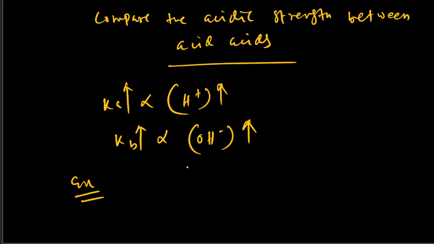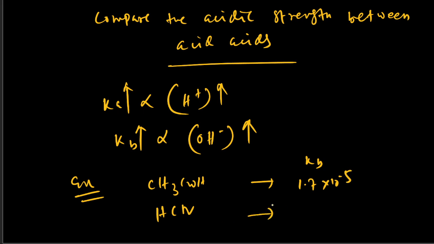Let's give an example, say CH3COOH and HCl, with values given. For CH3COOH, the Ka value is 1.7 into 10 raised to minus 5, and for HCl the value is 4.9 into 10 raised to minus 10.